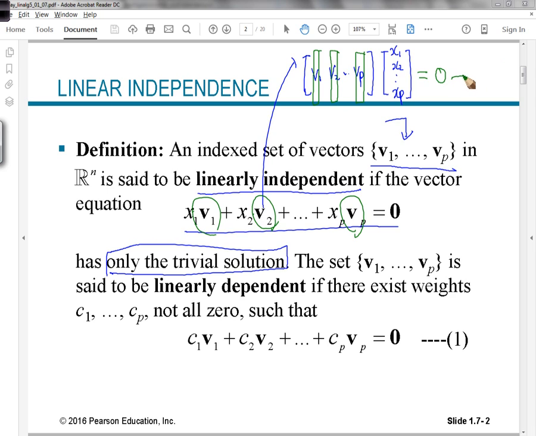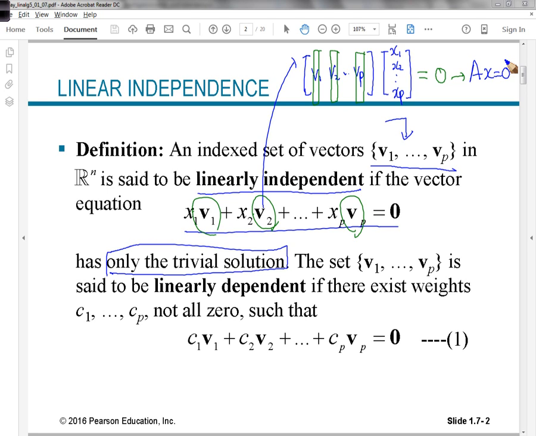So this is just AX equals 0, which is a homogeneous linear system, which we just learned in the previous chapter. So linear independence or dependence is closely related to this homogeneous linear system.